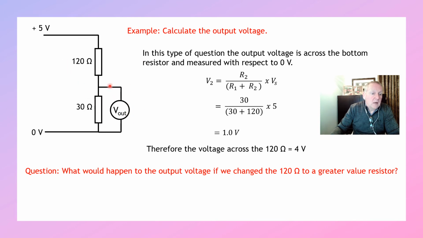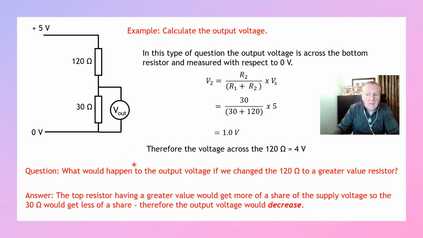Now, how is that going to affect V out? Well, V out has to decrease, because V out plus that other voltage, which we're not measuring, has to add up to 5 volts. So if that resistance is getting bigger, that voltage is going to get bigger, so the voltage across here must decrease.